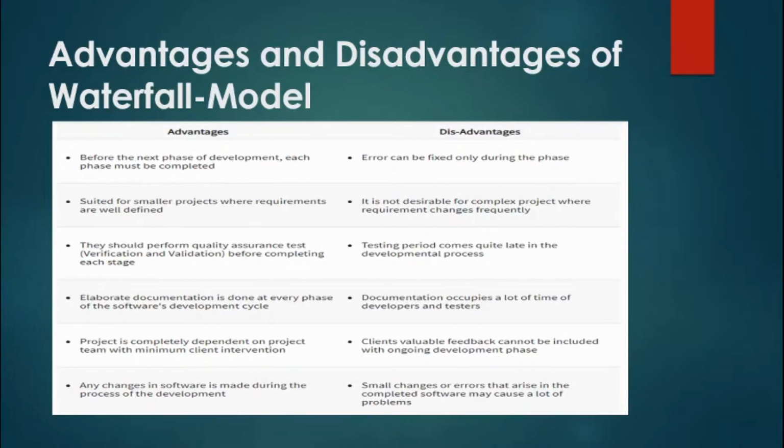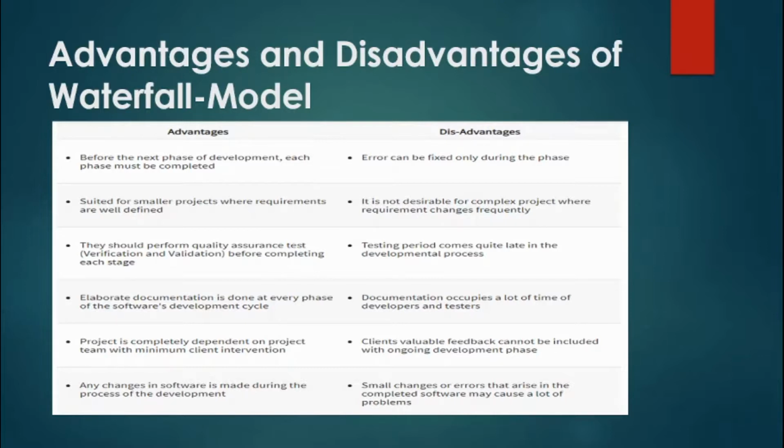Because the testing period comes very late in the development process, it's very important, even in the requirement phase, that focus has to be there, because once that phase is complete, it will directly come to the build phase, and you can't go back to the requirement phase once you have passed a phase.